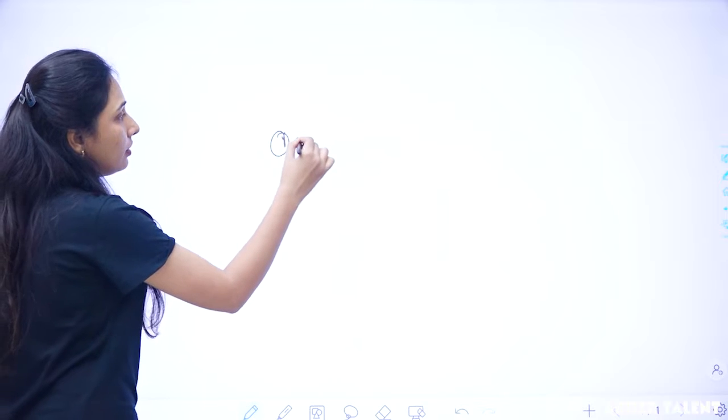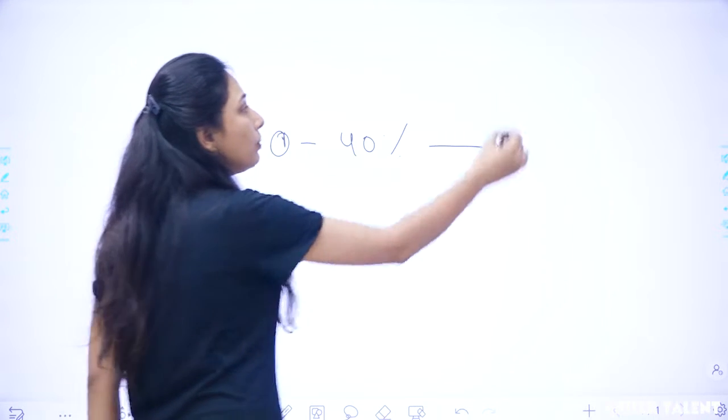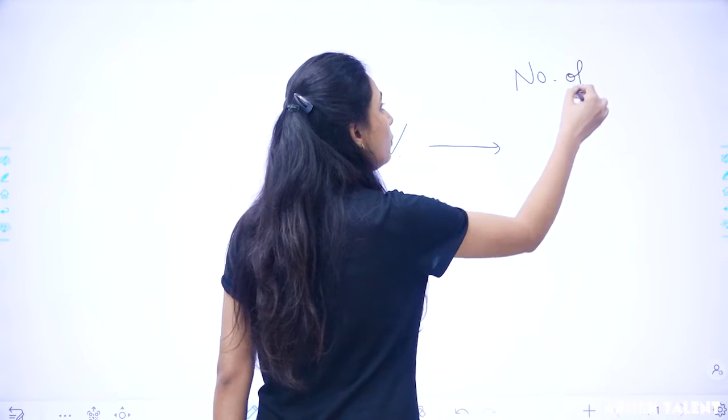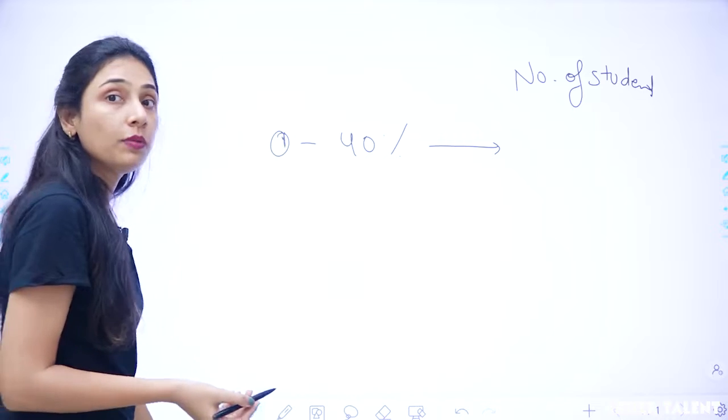We can get 0 to 40% students in a category, and we'll be telling the number of students here, how many students are getting numbers from 0 to 40%.